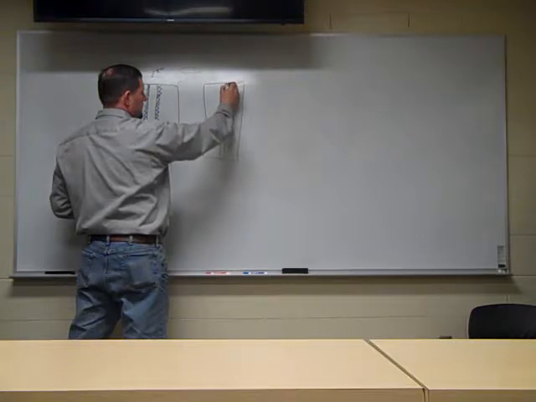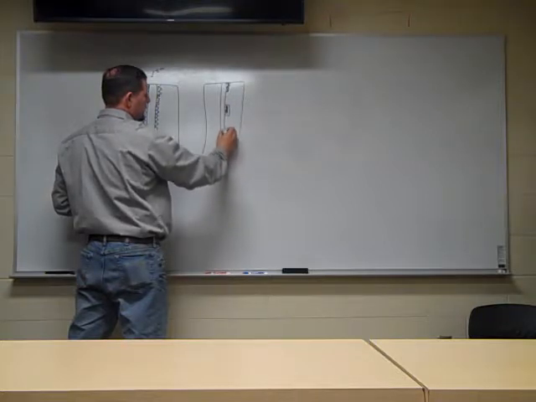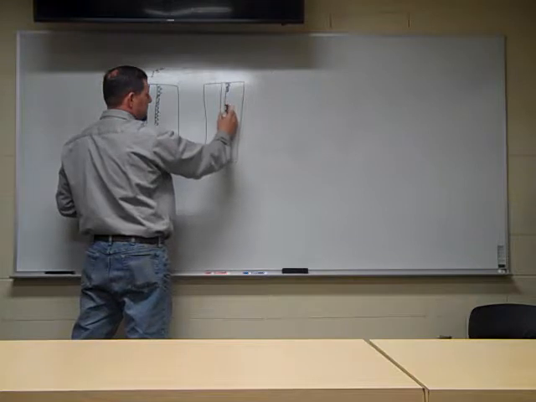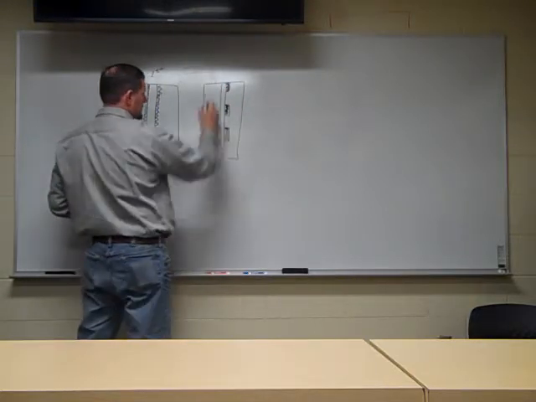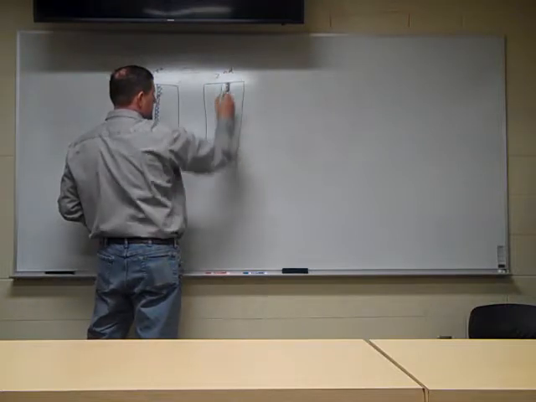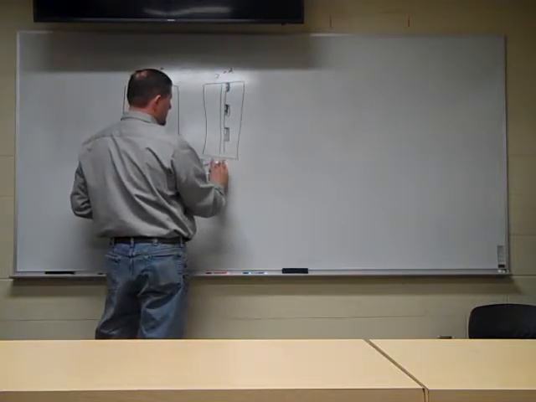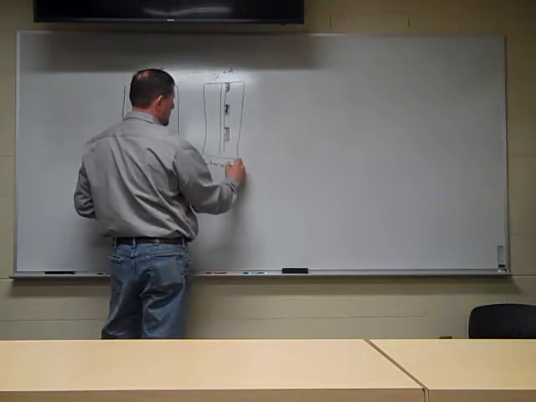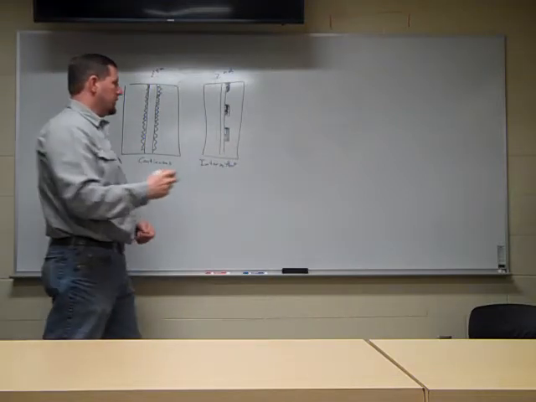That's where our welds, whatever it may be, might be 3-inch weld length, 6-inch pitch. Notice intermittent's only one side of the joint.